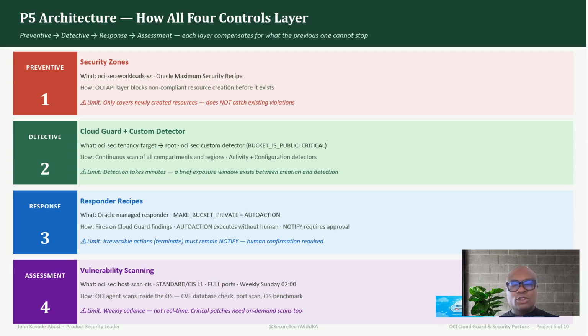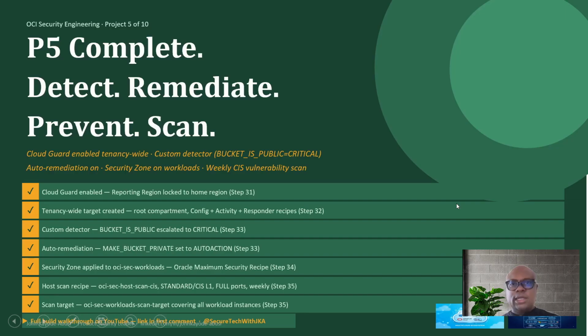Then vulnerability scanning too will go a long way to help you deal with your backward misconfig, drift, and stuff like that, like I've explained here. So it will help you with all those things, and I think that is clear enough. Then let me just wrap it up: Cloud Guard enables tenancy-wide custom detectors.